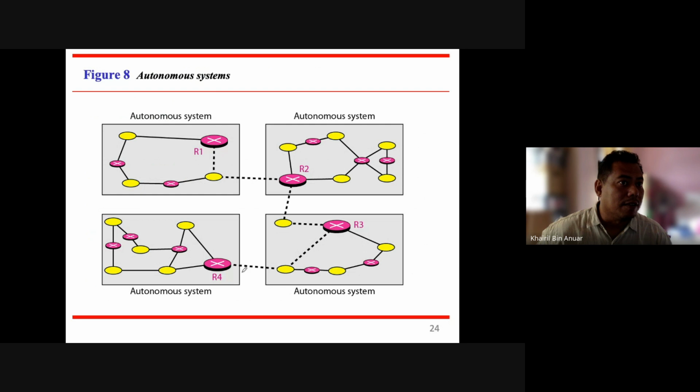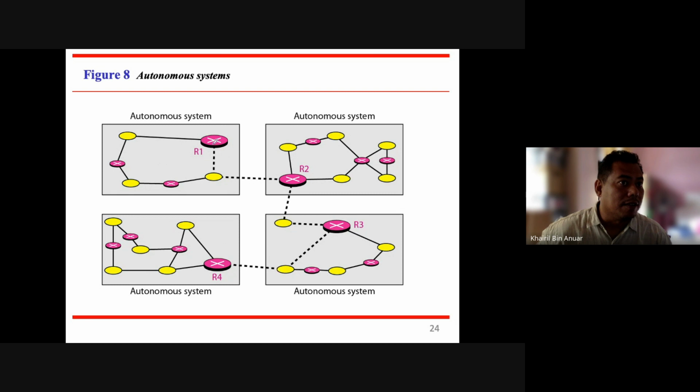In this diagram, we have four autonomous systems. Each autonomous system is managed by a single admin. You have four, and there are a few routers and a few specific hosts.